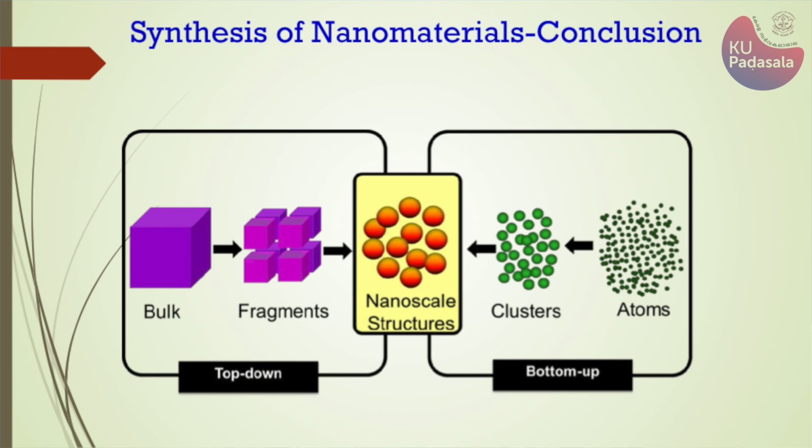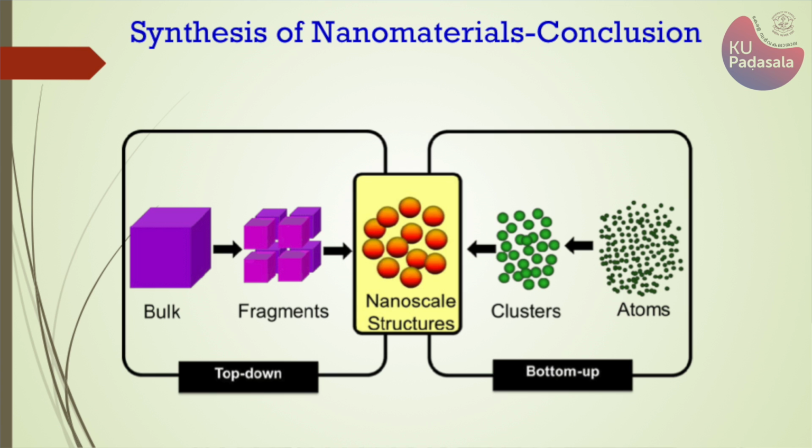The learners can make a comparison between the bottom-up approach and the top-down approach for the sake of convenience. These two approaches, that is the top-down approach and the bottom-up approach we discussed here, are consolidated in the picture. The left part represents the top-down approach and the right part represents the bottom-up approach.